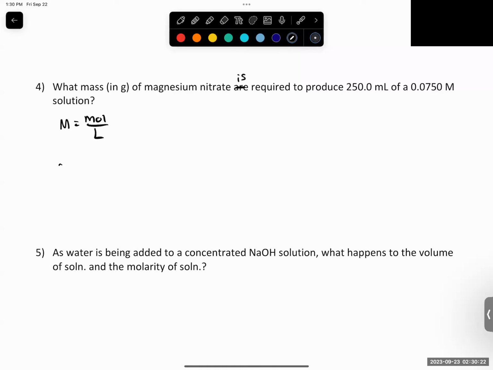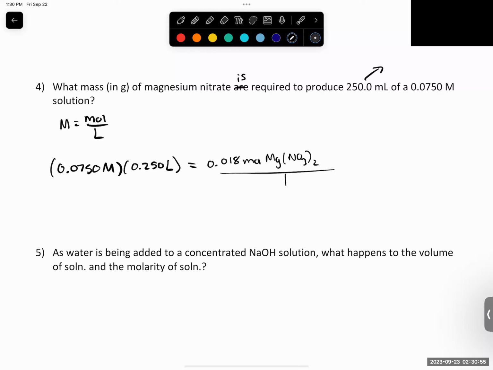So you get 0.0750 molar, and we multiply that by the volume, which is 0.250 liters, because they gave that to us in milliliters, trying to trick us, but we know it has to be in liters. This will give us 0.01, and that's moles of magnesium nitrate.